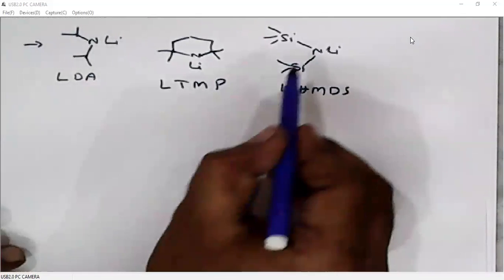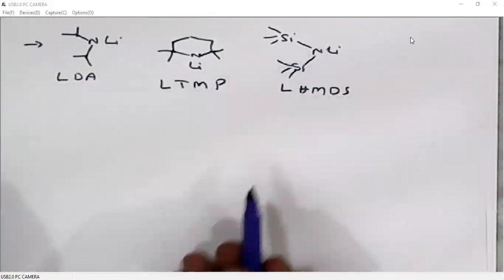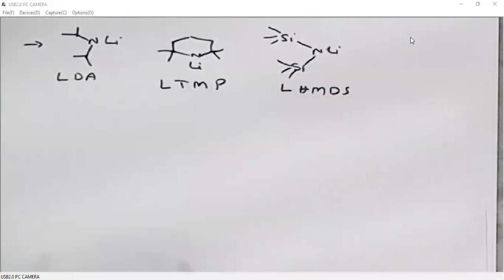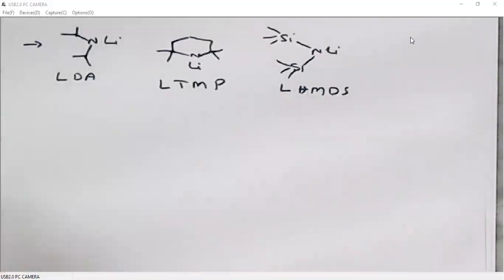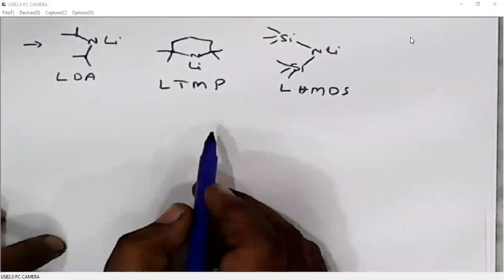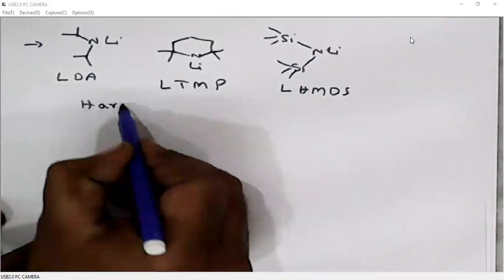When we add the amine N-H base and an alkyl lithium, they will generate these bases in situ, which are particularly useful only for proton abstraction. They can't act as a nucleophile. These are called hindered bases.